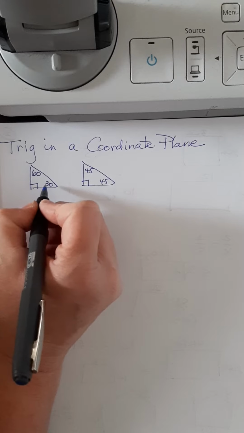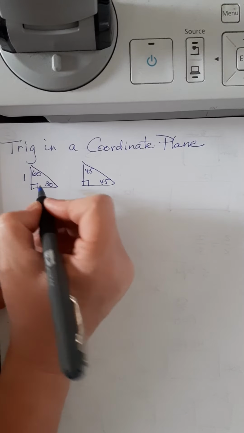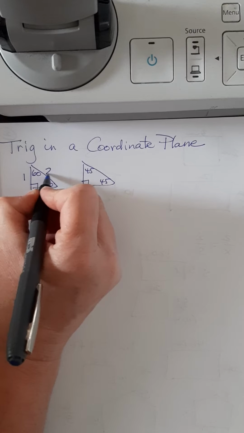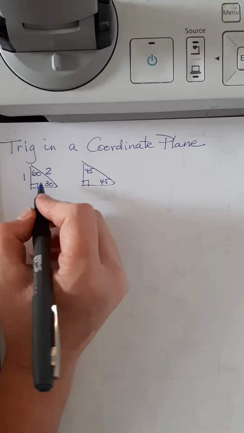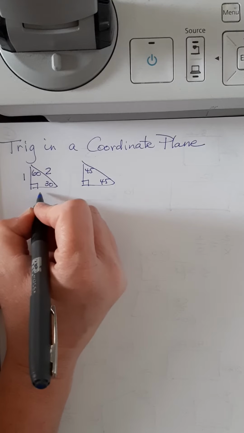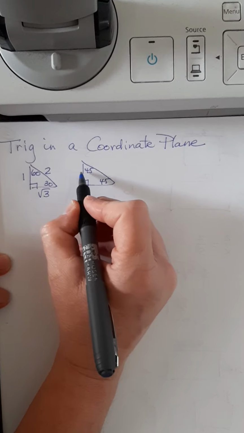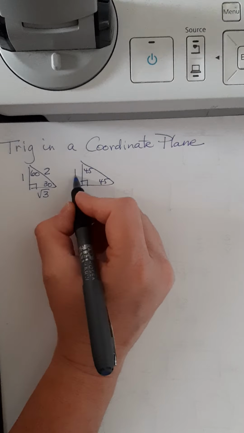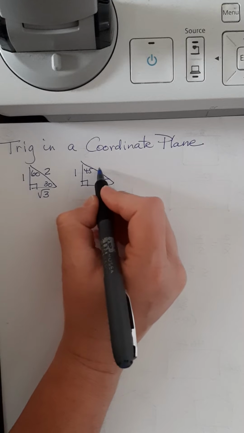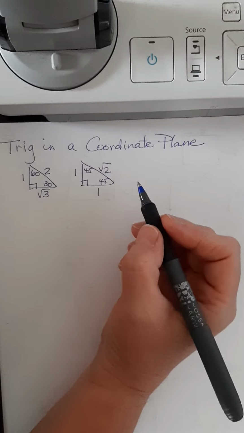If you take the side opposite 30, which is 1, the hypotenuse is double it, or 2, and the side opposite 60 is square root of 3. The same thing if you have 45: the sides are 1, 1, and square root of 2.